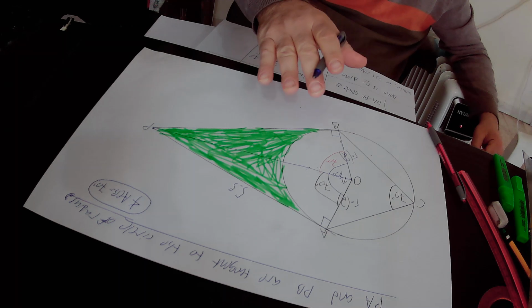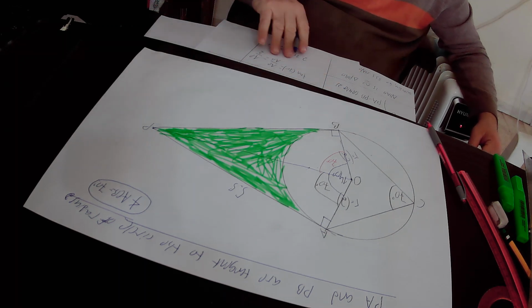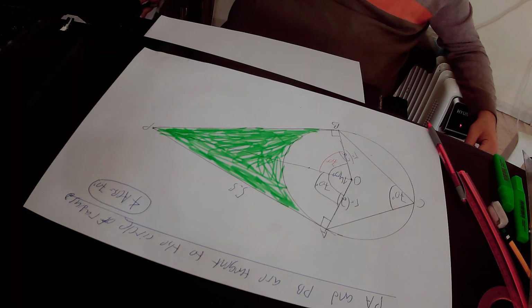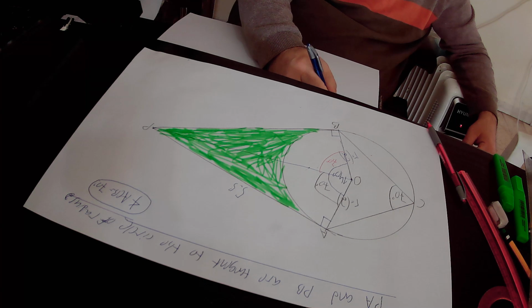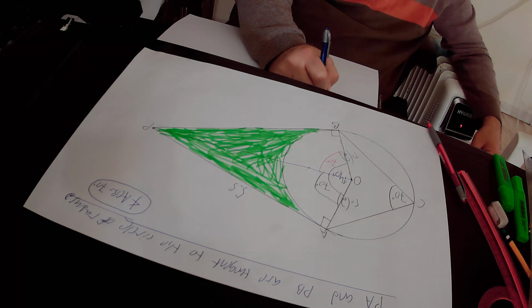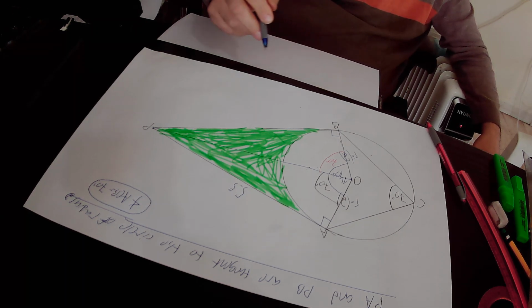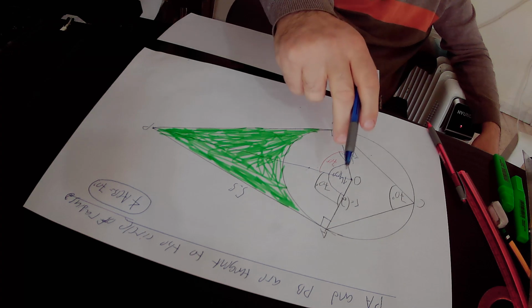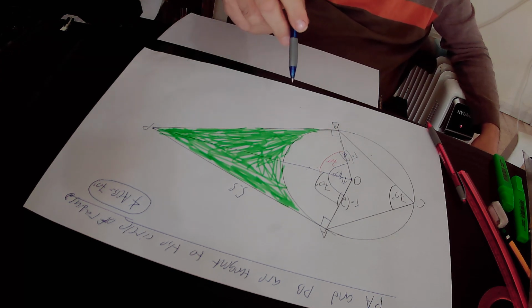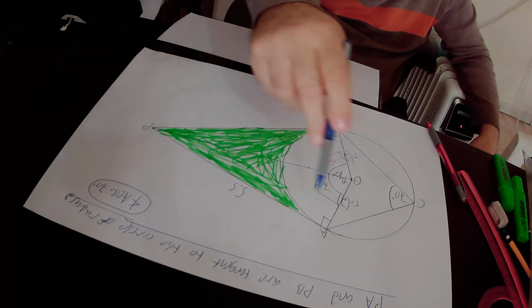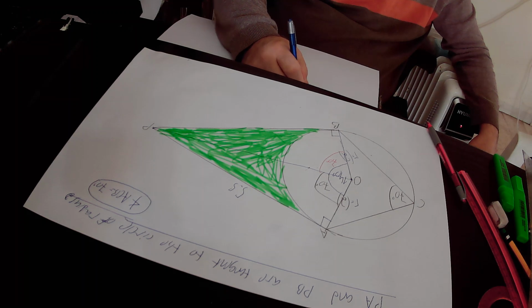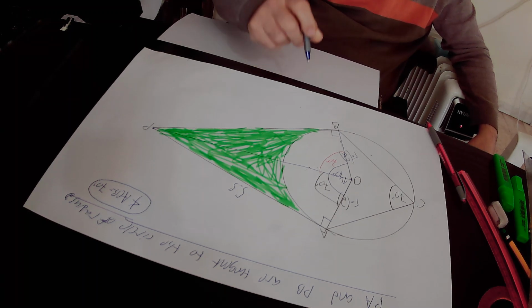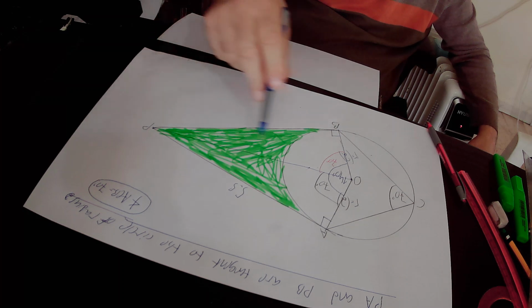Our mission is to find out the area of this green shape. So, what is the area of the green shape? From the drawing it is very easy to see that the area of this green shape equals the area of the right triangle AOP plus the area of the right triangle POB.